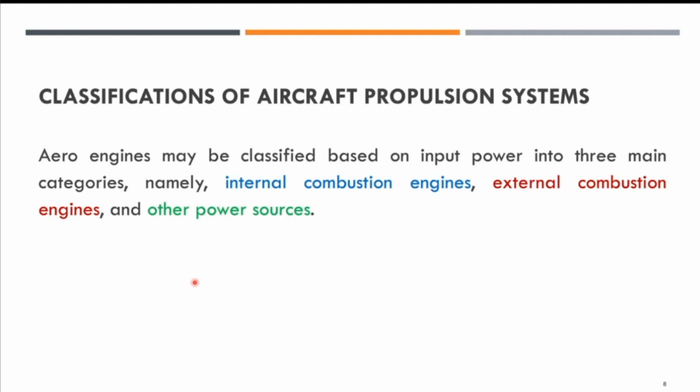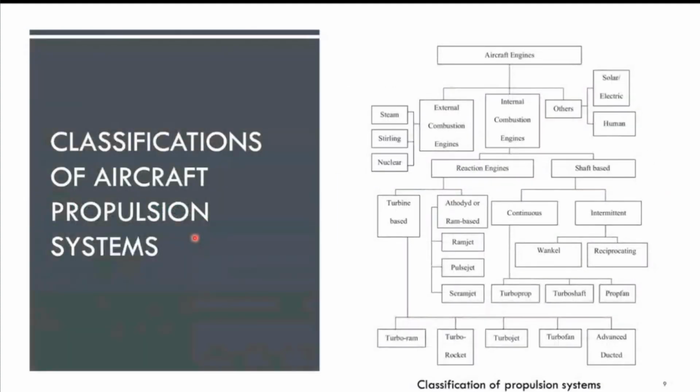Okay, in terms of classification, aero engine can be classified based on the input power. So the three main categories, as highlighted earlier, are internal combustion engine, external combustion engine, and other types of power sources or other engines.